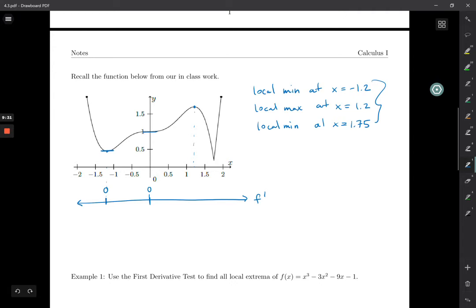And then here we have another horizontal tangent, right? And then lastly, we have this point, so that is going to make the derivative undefined. So I'll just write UND for undefined at that point.